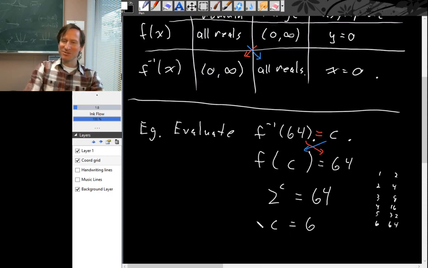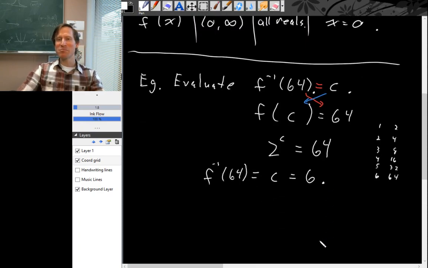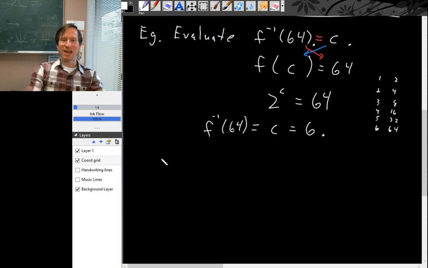But remember, c was just our name for f inverse of 64. Well, you can see what happened here.